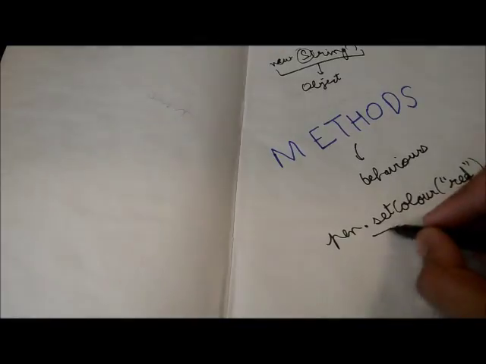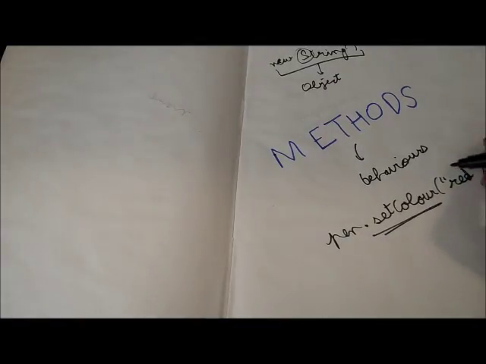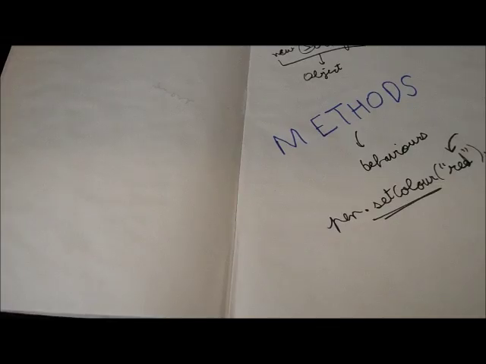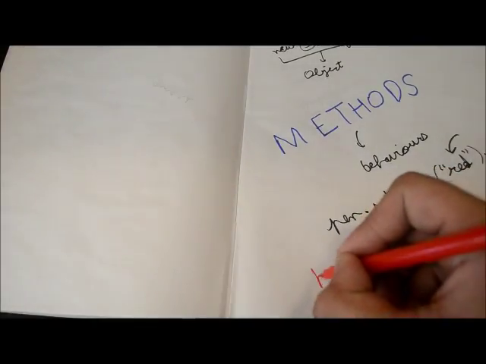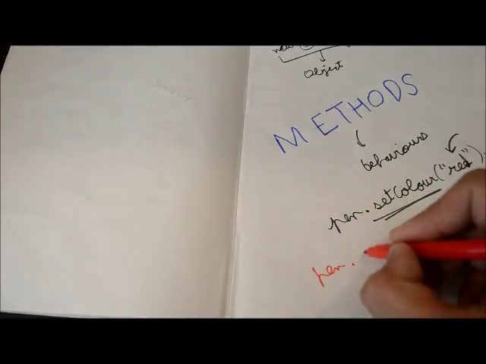And this is a method. It took an input, in this case the color name, and then the pen's color is changed. Some methods can also return a value. So if we call up pen dot get color.